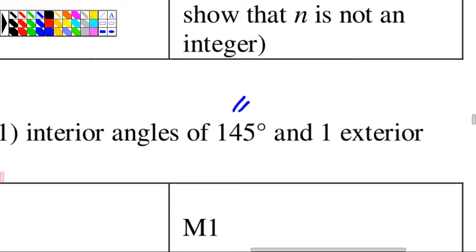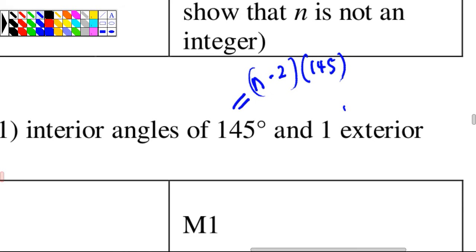N minus 2. So this is n minus 2 times 145. Now, one exterior angle is 80. That means the interior angle is what? 100. That means the interior angle equals to 100.